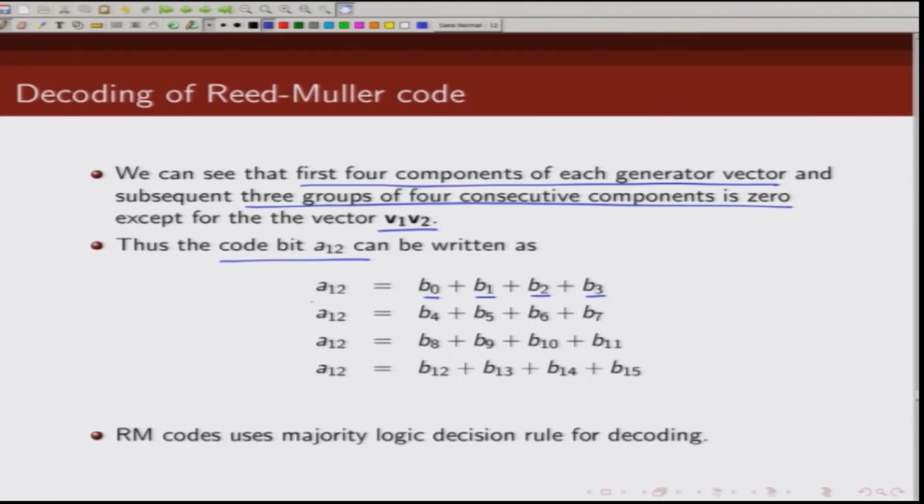So, I can get information about A12 by looking at the first 4 bits of this code word. Similarly, if I add up the next 4 bits of the code word, I can get another independent piece of information about A12, and the same from the next set of 4 coded bits.